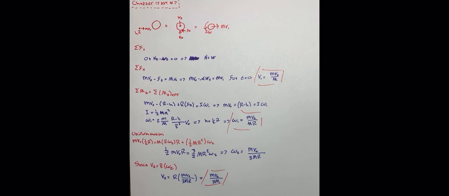And solving for omega there, we get mV0 over 3MR. And since V2 is equal to R times omega, we can get rid of the R, and V2 is equal to mV0 over 3M.